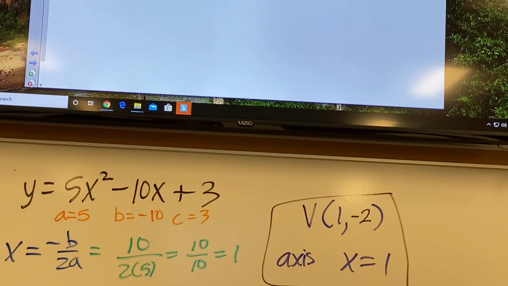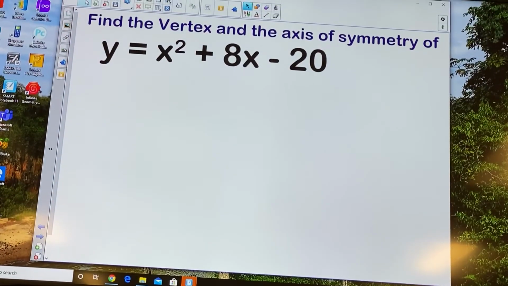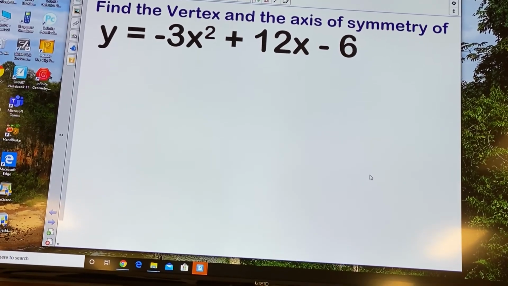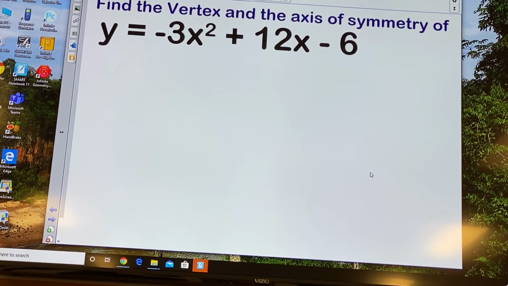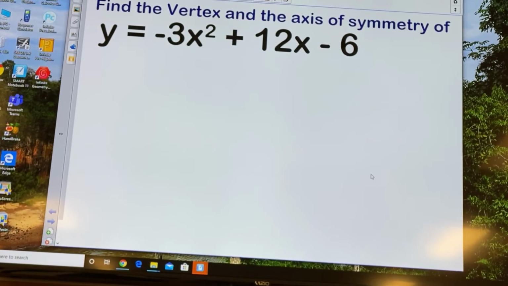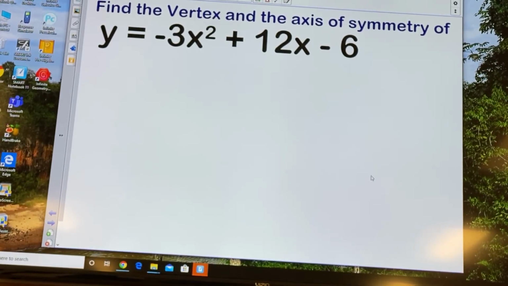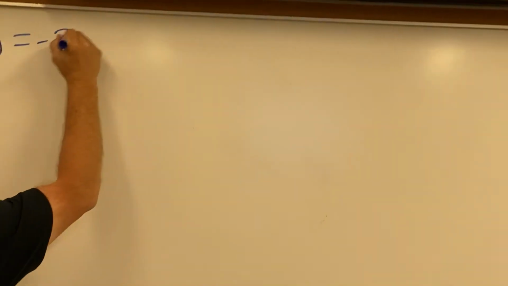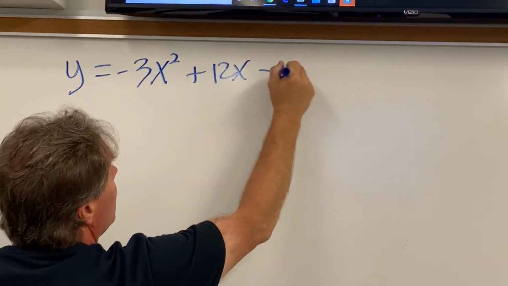Okay? We'll do one more. Let's go to this one. Okay, y equals negative 3x squared plus 12x minus 6.